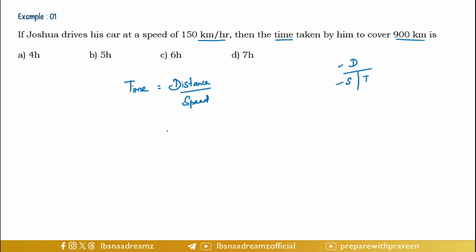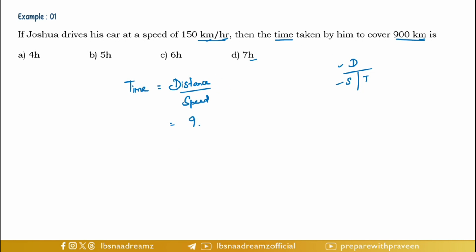Before applying the values, you have to check whether all the values are given in kilometers. Kilometer per hour here, kilometer in the statement, and in the answers they have given hours. So you just have to apply the values here.